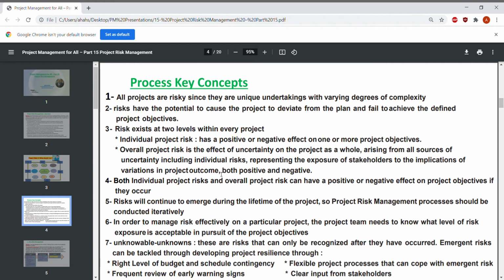A right level of budget and schedule contingency. So we should have contingency for the budget and the schedule. The second is frequent review of early warning signs. So we have to watch for these early warning signs. The third is flexible project processes that can cope with the emergent risk. And the last one is a clear input from stakeholders.